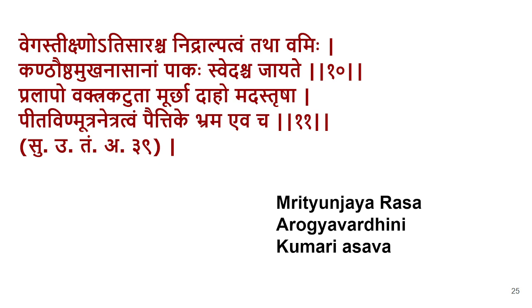Majority of these conditions can be managed with Mrityunjaya Arogya and Kumariyasa, except in fulminant cases. If the patient develops fulminant hepatitis, this treatment may not be possible. In all other conditions, there is no need of specific antiviral therapy, and the patient can be managed effectively with this line of treatment.